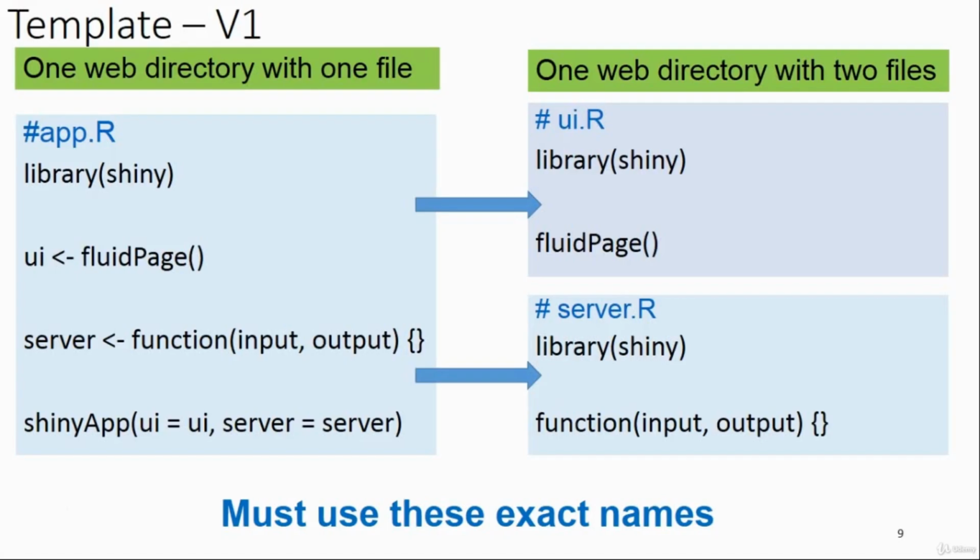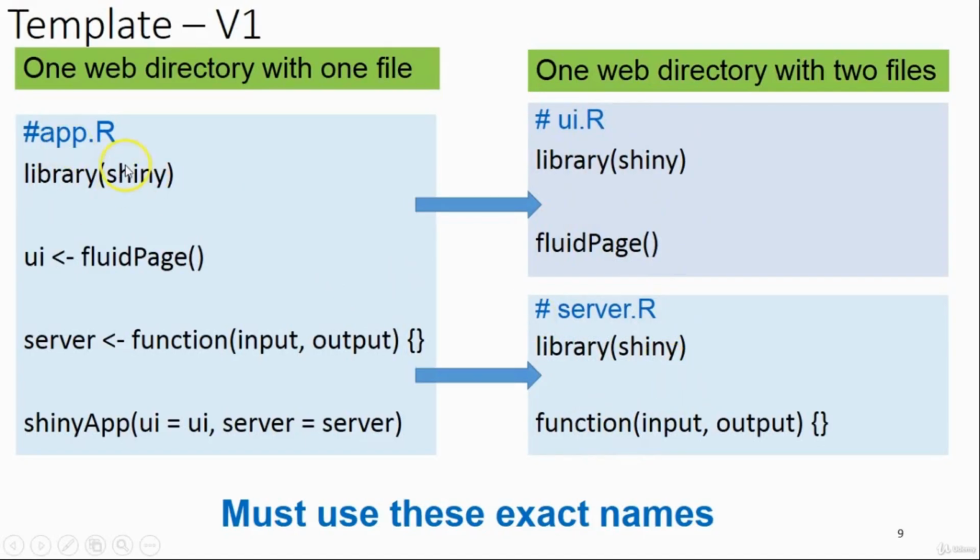Now this is the template of writing this R Shiny. First of all, you can write the Shiny app in either one file that is named app.R, or you can write two files, ui.R and server.R. In ui.R, all the UI related code, and in server.R, all the server related code.